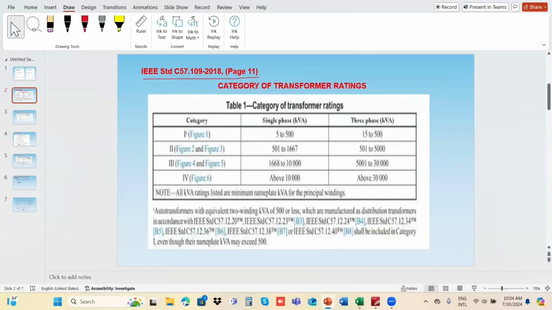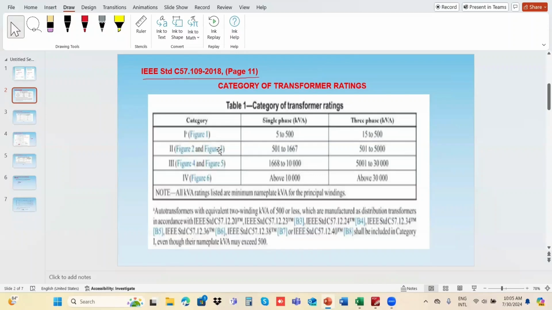If you check page 11, Table 1 shows the category of the transformer ratings. For category 1, the rating is 5 to 500 kVA for the single phase, and 15 to 500 kVA for the three phase.